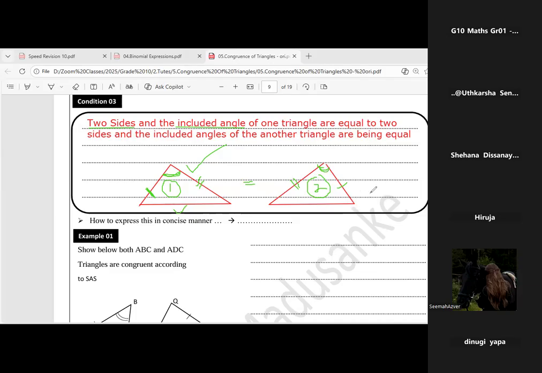Then we can say these two triangles are congruent to each other.